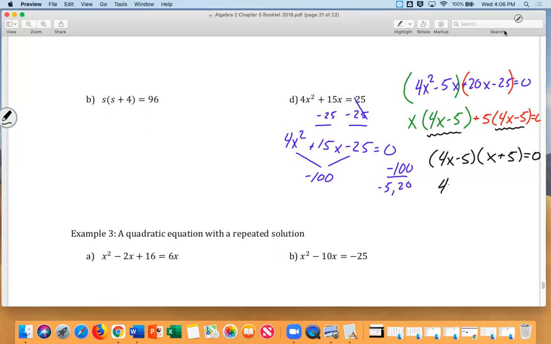So I have 4x minus 5 equals 0. Add 5, gives me 4x equals 5, and then divided by 4, I get x equals 5/4. Over here, I think we can all see it's going to be x equals negative 5 real quick.